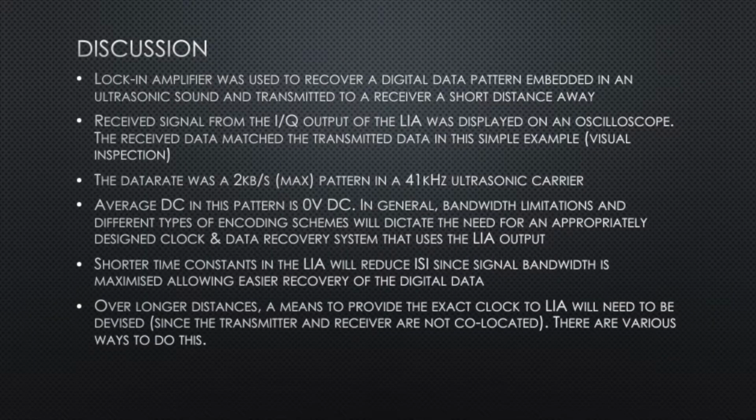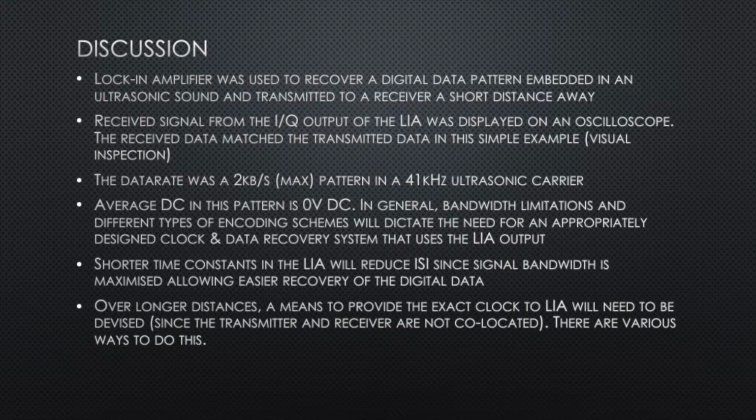So in this demo, a lock-in amplifier was used to recover a digital data pattern embedded in an ultrasonic sound signal, and this was transmitted from an ultrasonic transducer to an ultrasonic receiver a short distance away. The received signal from the IQ output of the LIA, the lock-in amplifier, was displayed on an oscilloscope this time, and the received signal matched the transmitted data in this simple example by visual inspection.